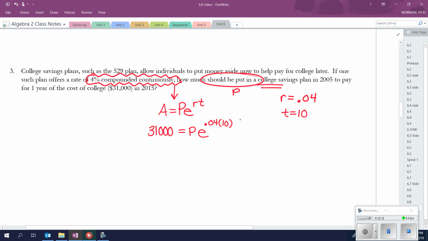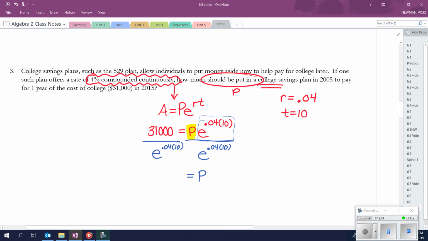Yes? Okay. Normally I tell you to get the weird thing alone, right? What you are not realizing right this minute is we're solving for P. And this thing with the E to the 0.04 times 10 is all just a number. That's a value, isn't it? So I'm going to divide by E to the 0.04 times 10. And that will give me the principal or the initial amount that I need.